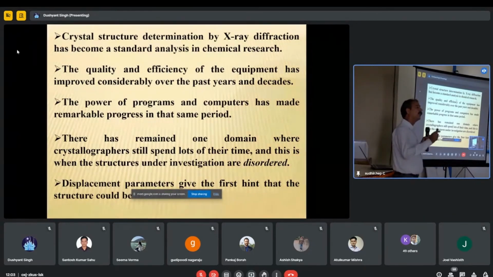Because if you are solving 10 structures, you will get a problem of disorder in almost 3 or 4 of them. Once you get a problem of disorder, if you don't have basic knowledge of crystallography, you are unable to send it for publication. The basic requirement now is checkCIF. Unless you remove all the A-level alerts and B-level alerts, it is very, very difficult to publish.